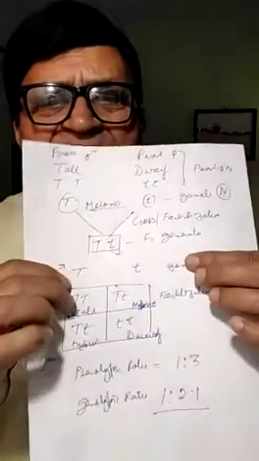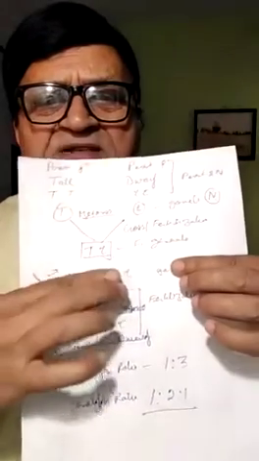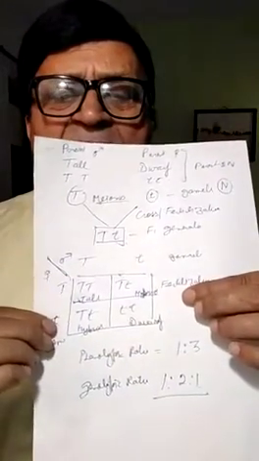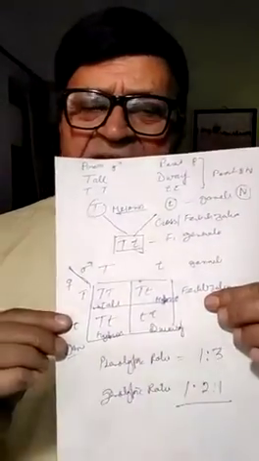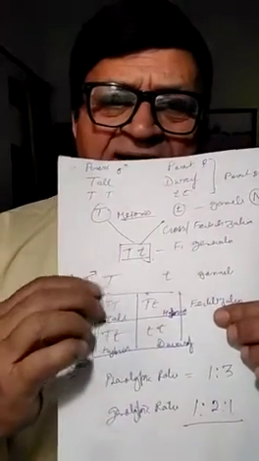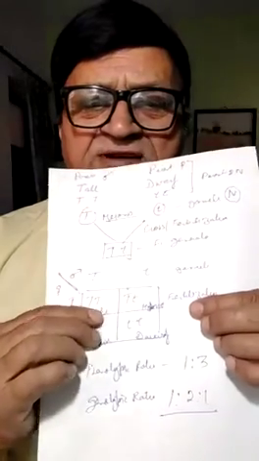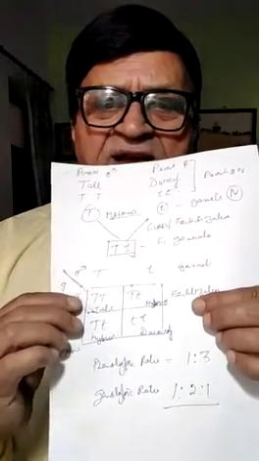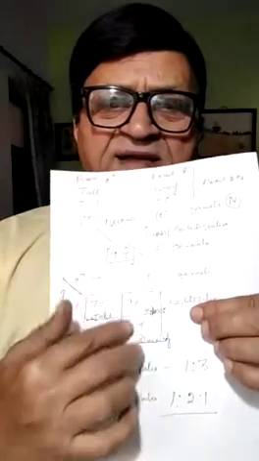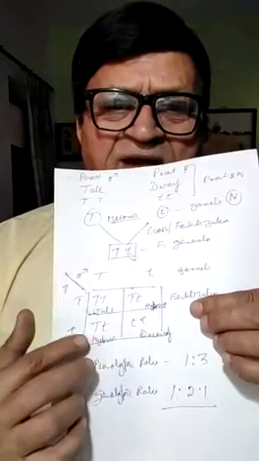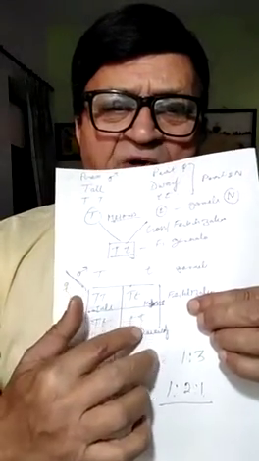In the second generation, the gametes were formed, capital T, small t as pollen grains, and capital T, small t as eggs. By random fertilization, capital T with capital T is pure tall, capital T with small t is hybrid tall, then small t combining with small t is pure dwarf.